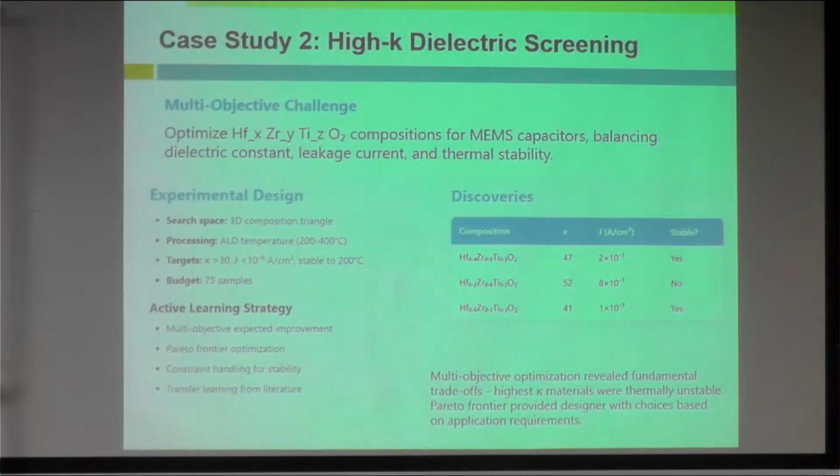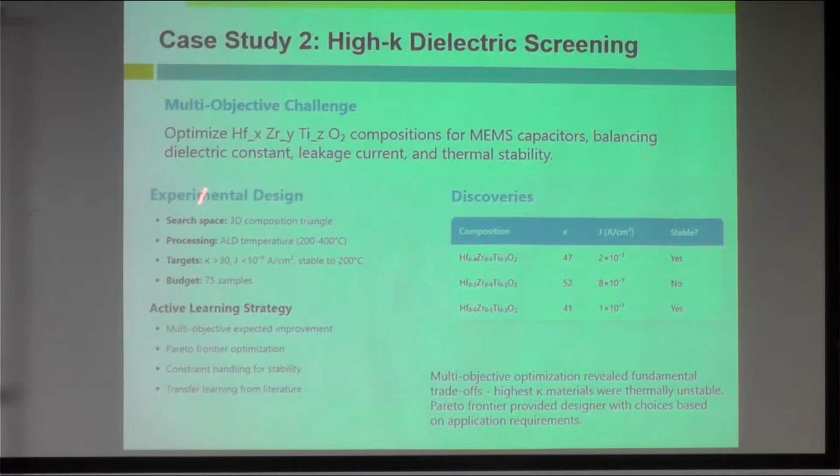And the second case study is high-K dielectric screening. We try to optimize the hafnium, zirconium, titanium oxide composite for a MEMS capacitor, balancing dielectric constant, leakage current, and thermal stability. So normally for a dielectric, you look into the dielectric constant, leakage current, and thermal stability. That is the required property of this material.